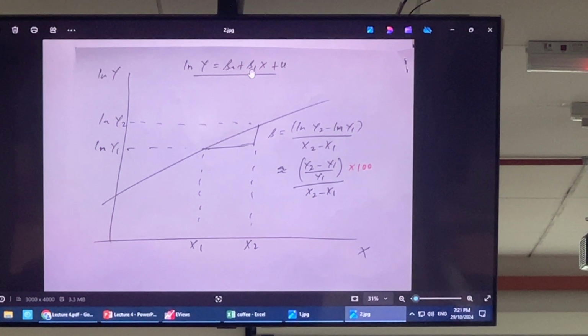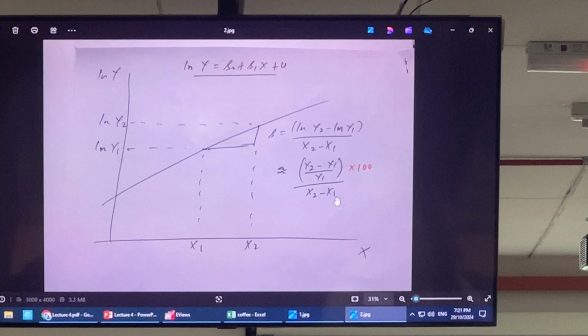Beta 1 times 100%. You have to multiply. So when x increases 1 unit, not percent, y will increase or decrease, depending on positive or negative, by beta 1 times 100%.